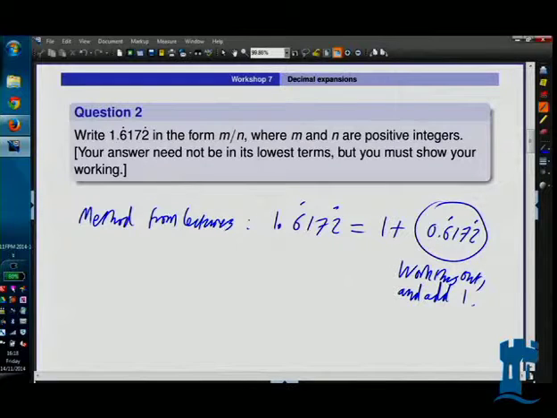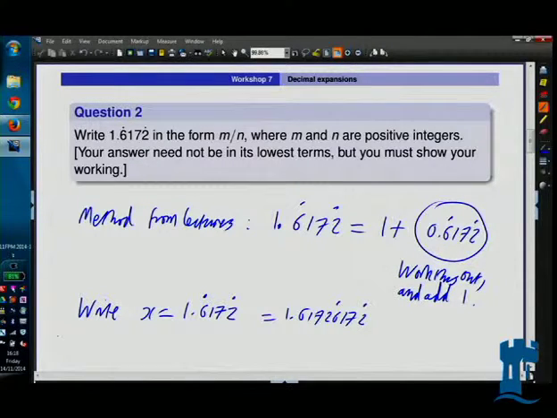And that works, but the method somebody else just used, which I think is slightly faster, thank you very much, is, right, x equals 1.6172, which is equal to 1.6172, 6172, and so on.